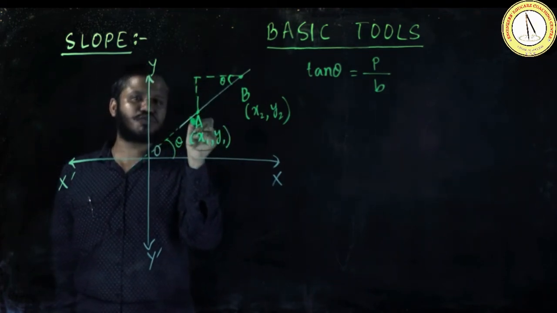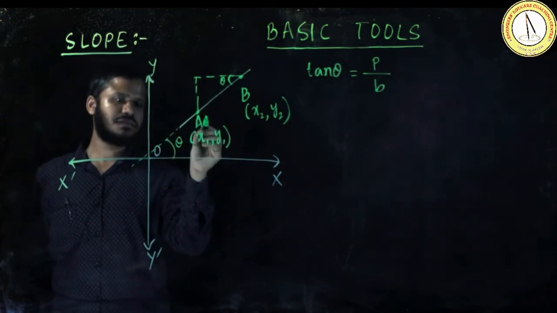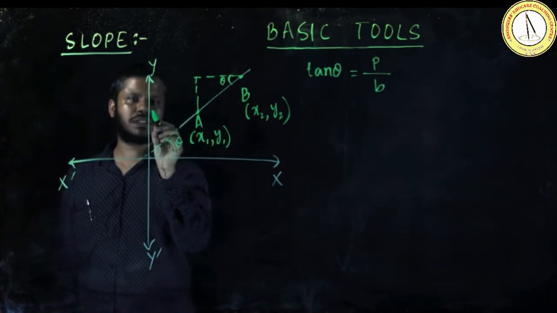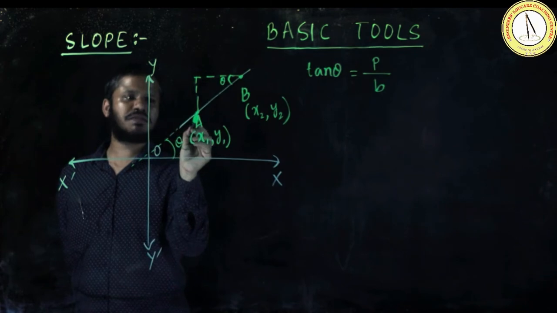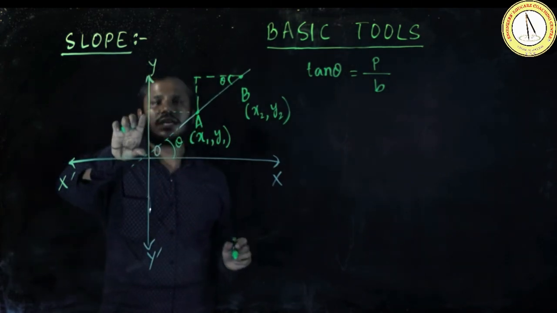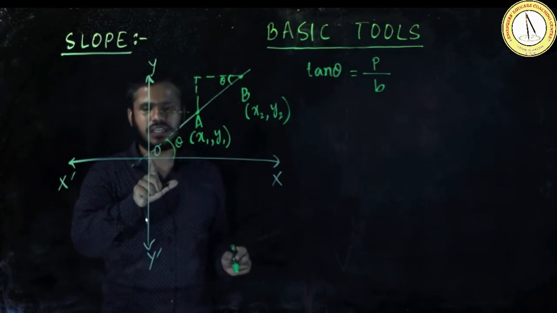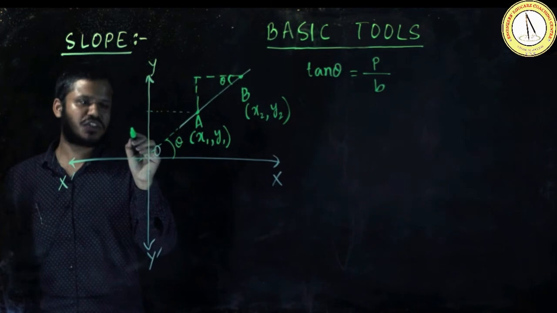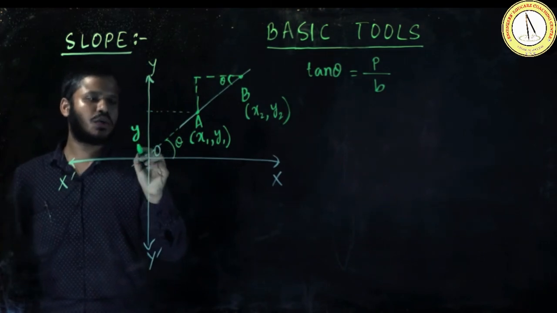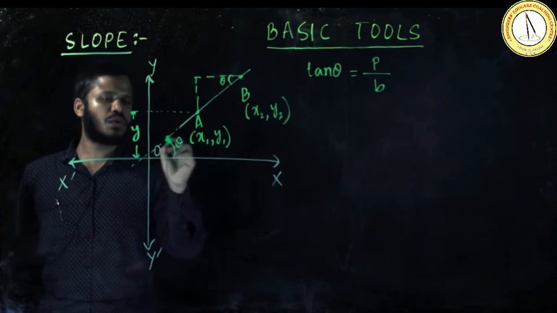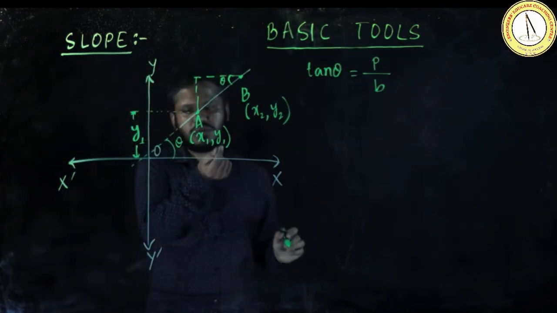How to find the length of perpendicular? Transfer the point A to the y-axis. Then what will be the distance of point A from the origin in the y-axis? This distance will be y1, as the coordinate is y1.